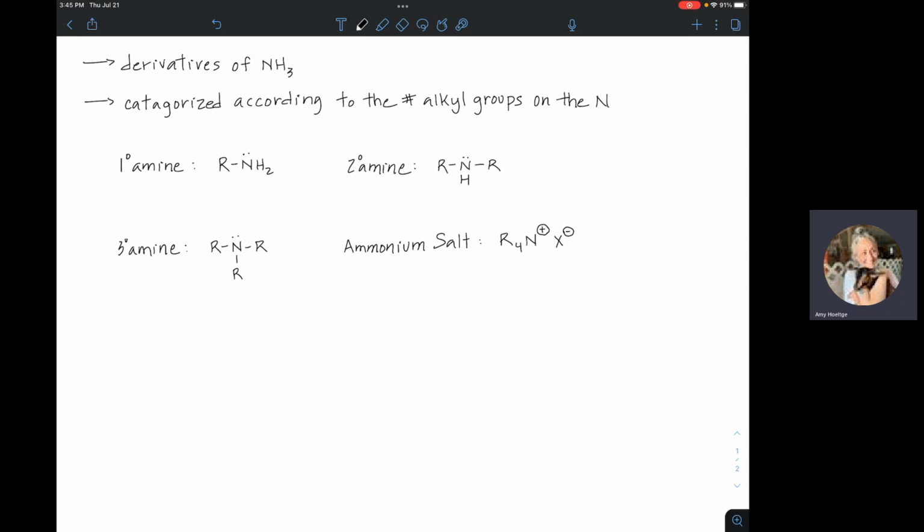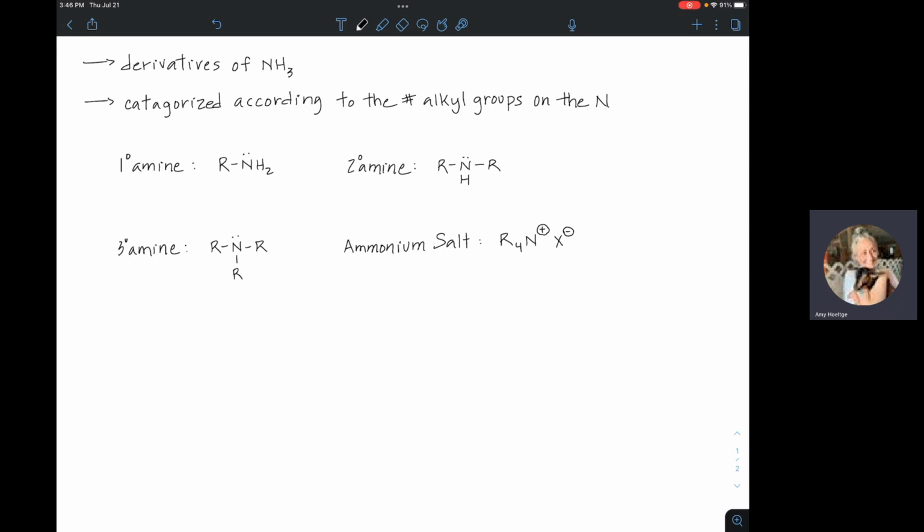Notice in the tertiary amine, however, that even though there's a lone pair of electrons on the nitrogen, it is not directly bonded to a hydrogen. And so tertiary amines cannot hydrogen bond with themselves. This is like when we were talking about alcohols versus ethers, where the alcohol had an oxygen directly bonded to a hydrogen. So alcohols can hydrogen bond with themselves, but ethers can't, right? Kind of reminds me a little bit of that.